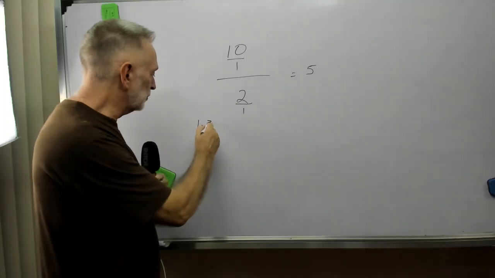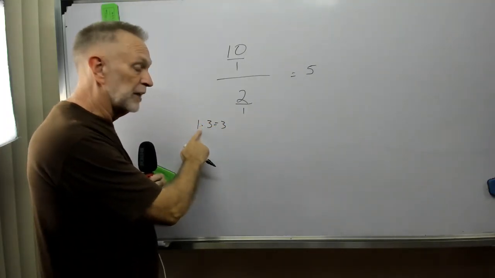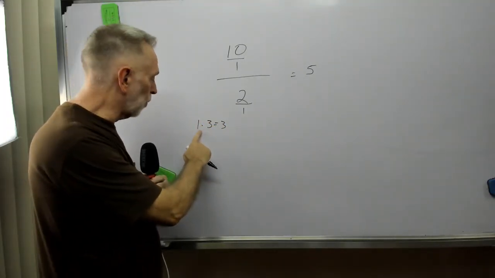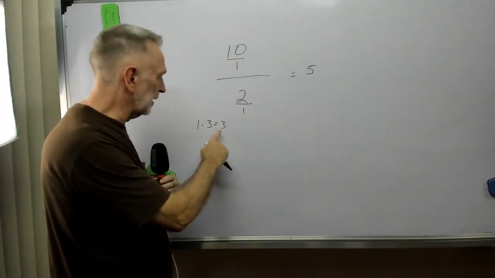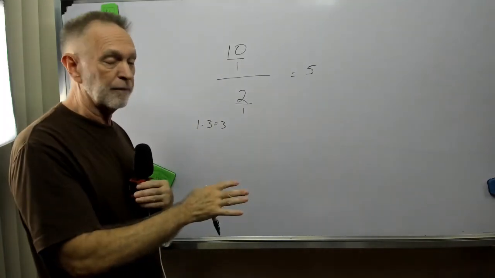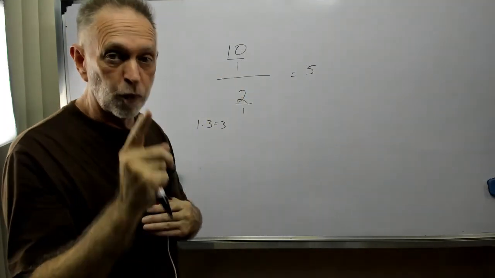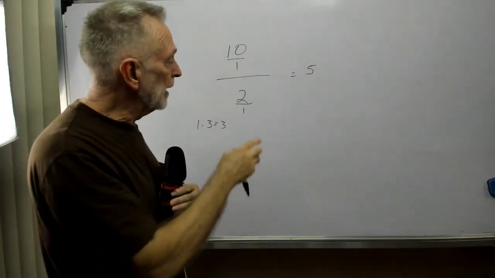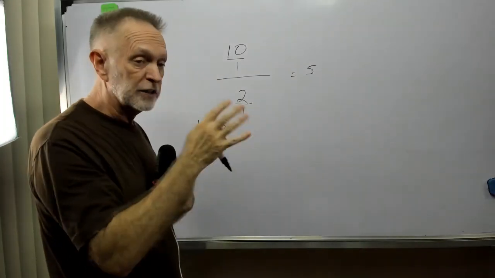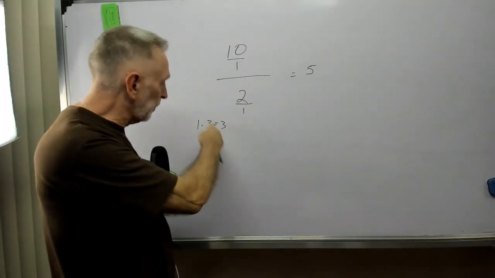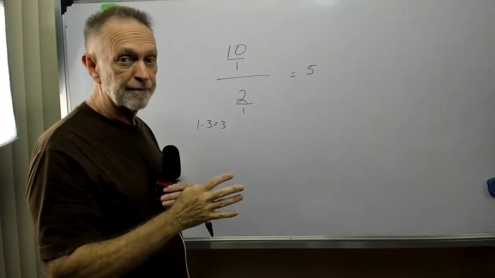Remember, 1 times 3 was 3. The identity property says 1 times anything is that same anything. So if I multiply all of that times 1, maybe it changes its form, but it's still equal to what I started with, right?